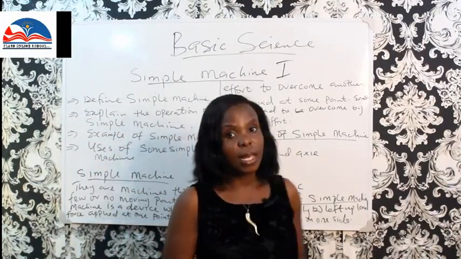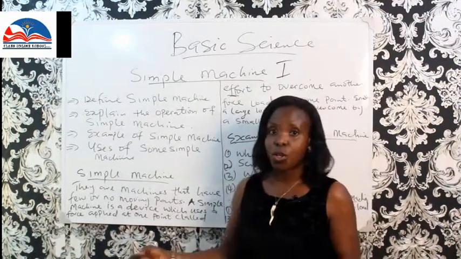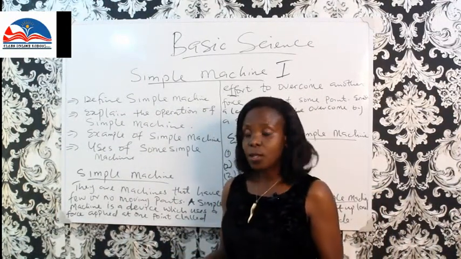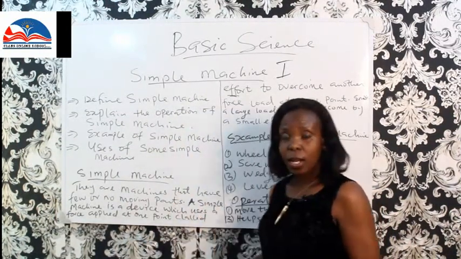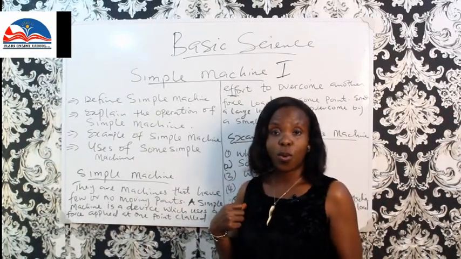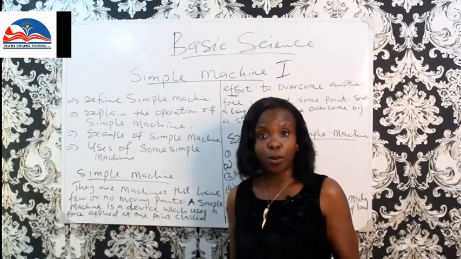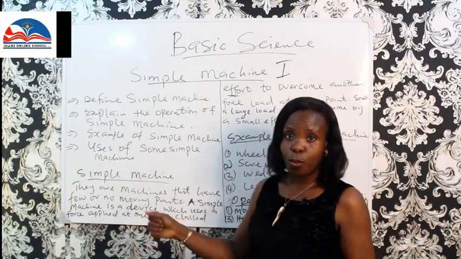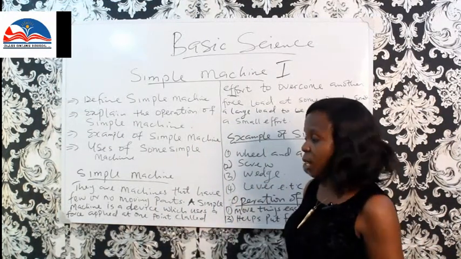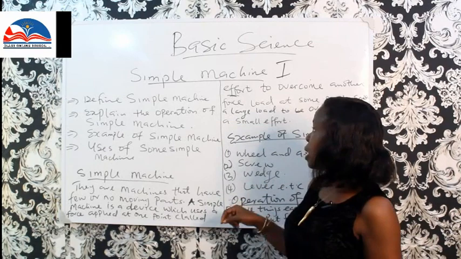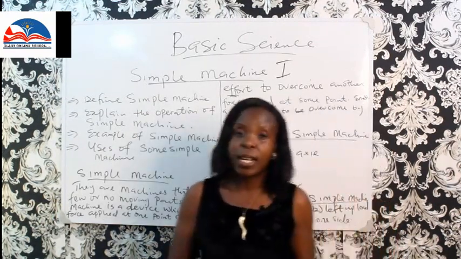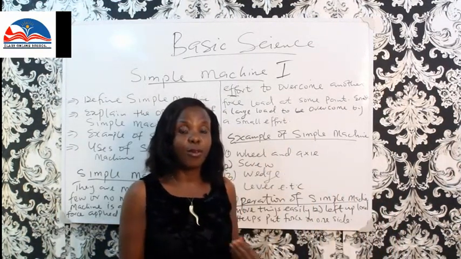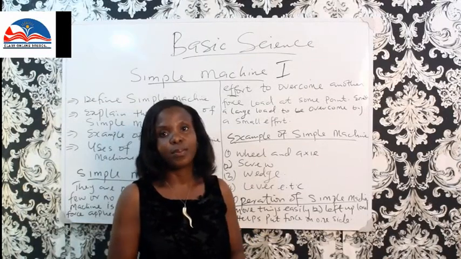That means that in a simple machine, effort is required. You apply force, which requires you to put in effort in order to move it. And the effort you put in can make it easier for you to carry out an activity.